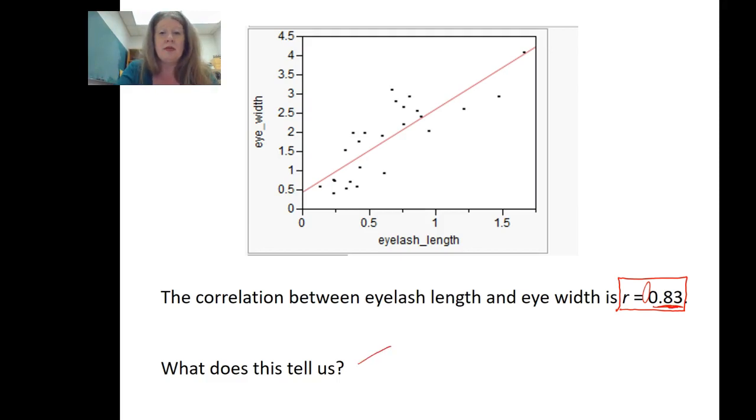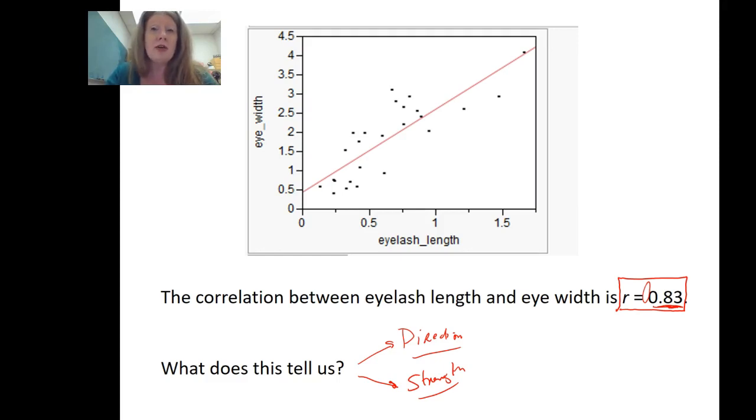So we can see something about direction and strength by looking at a correlation coefficient. But if you're just given a correlation coefficient and you are not given a scatter plot to look at, we have no idea if the relationship is linear or not.